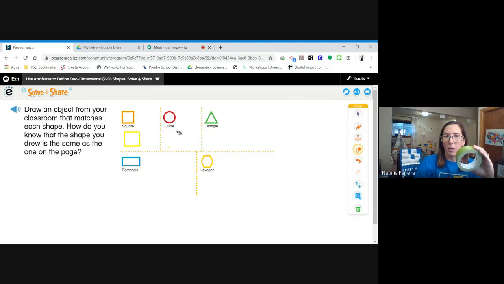Thought I made it green. Because I have a green circle of painter's tape. Not the best circle I've ever drawn, but what would I describe this as? It is round. It is all the way round. That is the circle that I found.